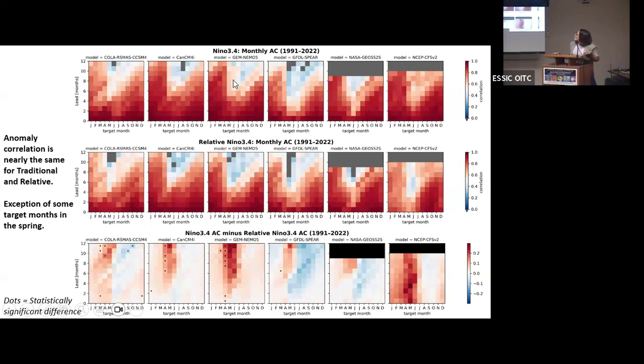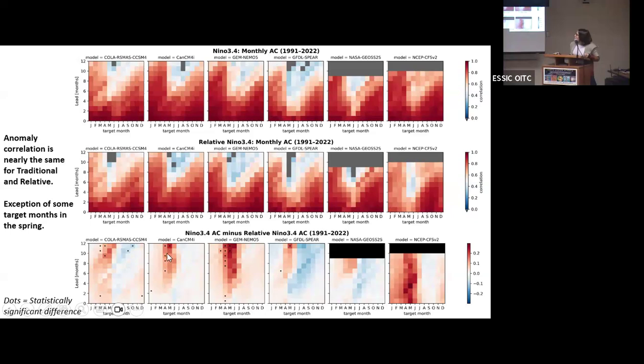One of the messages I wanted you to see here is that these two plots are not wildly different. The skill is roughly comparable when you're looking at the anomaly correlation. There are differences, and I'm showing the differences in the anomaly correlation at the bottom, but they're fairly small. This color bar goes up to 0.3, so these are pretty small differences.